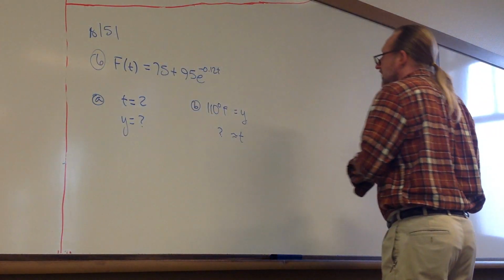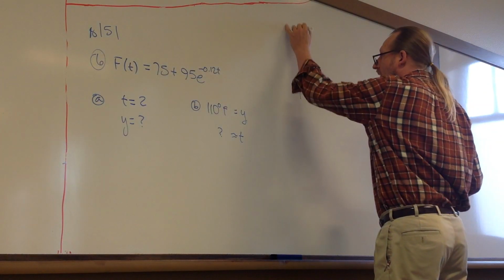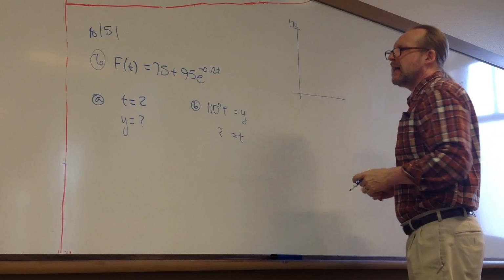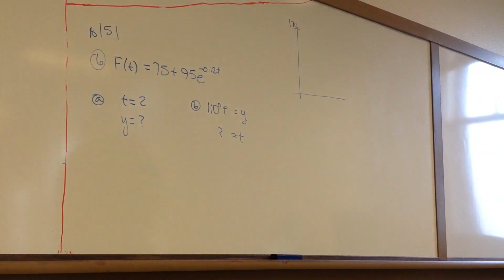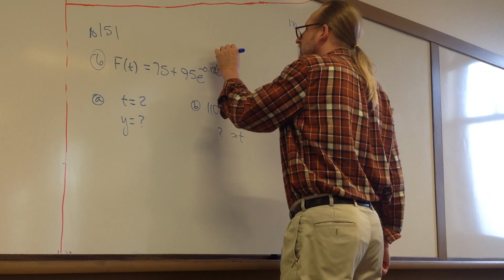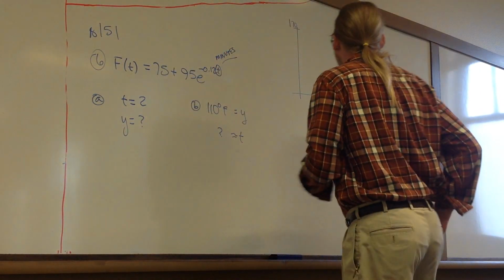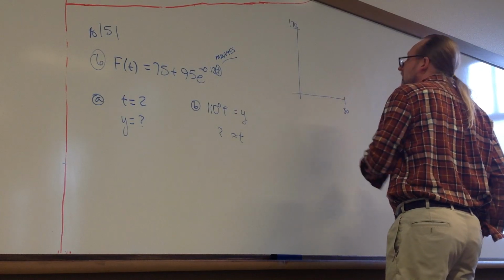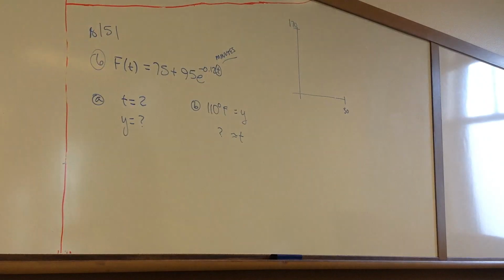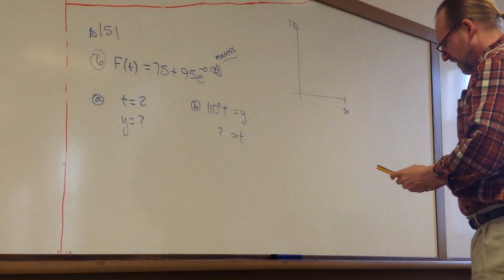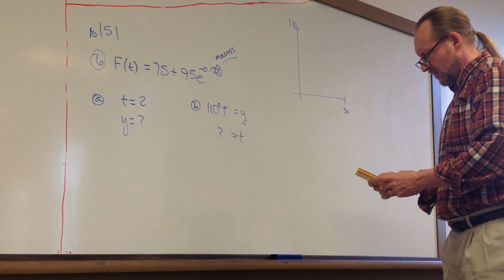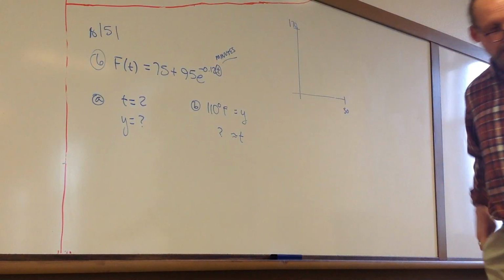So that really is telling us that we want our y maximum to be 170 degrees. Okay? And the t that we're working with is in minutes. So let's look at 30 minutes worth of data and see what that graph looks like. Okay, so I'm going to go into the window, make the x maximum 30, make the y maximum 110, and let's see what that graph looks like.